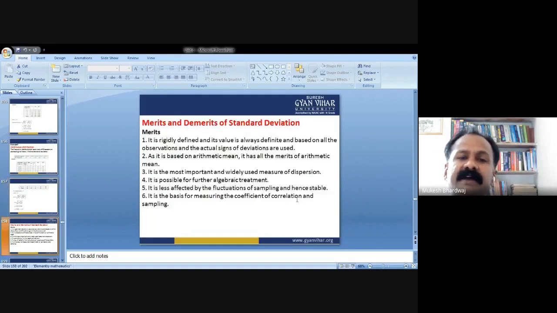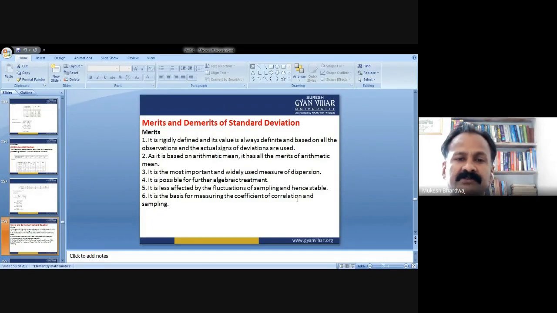Now these are some merits and demerits of standard deviation. If I'm talking about the merits, it is rigidly defined and its value is always definite and based on all the observations, and the actual signs of deviations are used.